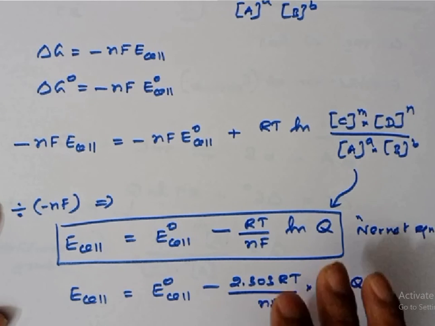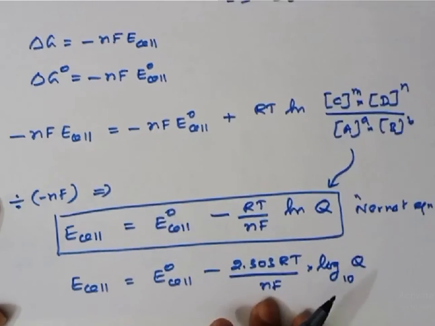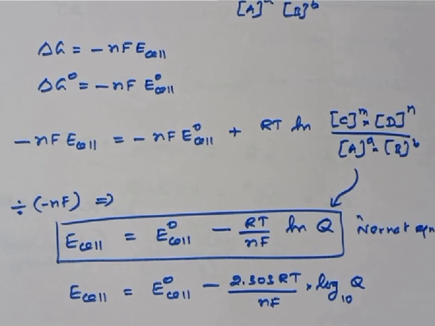Students, by convention, we maintain temperature as 25 degrees Celsius. If you maintain temperature as 25 degrees, then 2.303 is a constant, R becomes constant, and temperature also becomes constant. F is nothing but Faraday constant. If I substitute all these values, what will we get? See what I'm going to do.